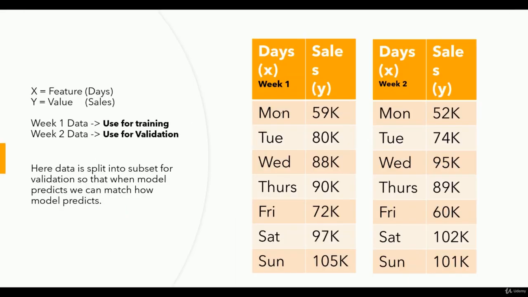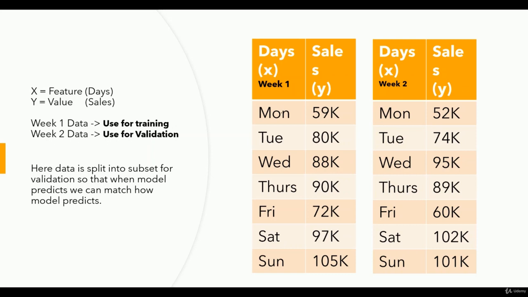So here, let us consider days as X, sales as Y. X, we can call it a feature, that is the day. We are just assuming it; I'm explaining it just with a reference I have taken. And Y is the value.